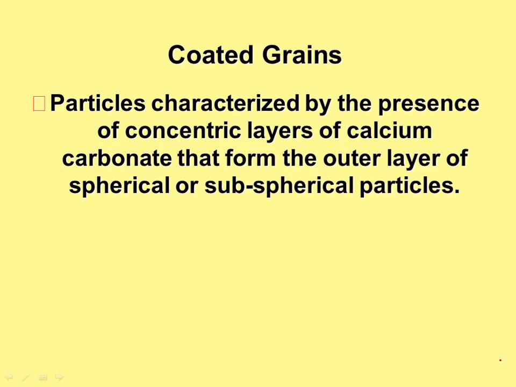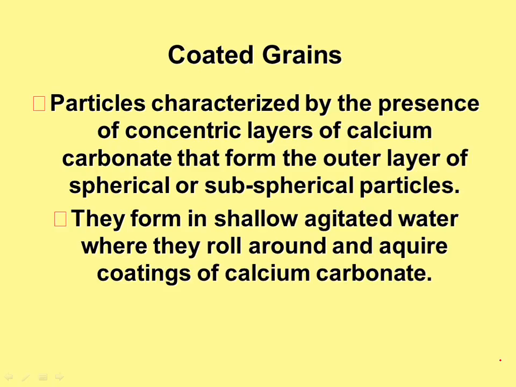These concentric layers form the outer parts of what are often spherical or subspherical particles. They form in shallow agitated water, those conditions that we talked about earlier, and they roll around. As they roll around in water that is saturated with respect to calcium carbonate, coatings of calcium carbonate form on the particle, building it up into slightly larger sizes.